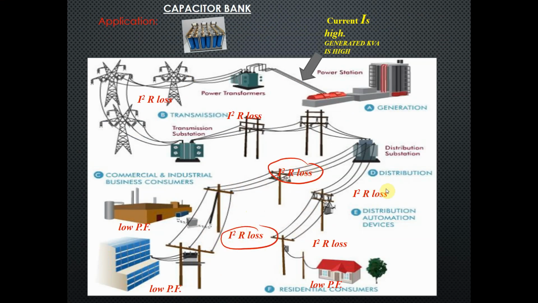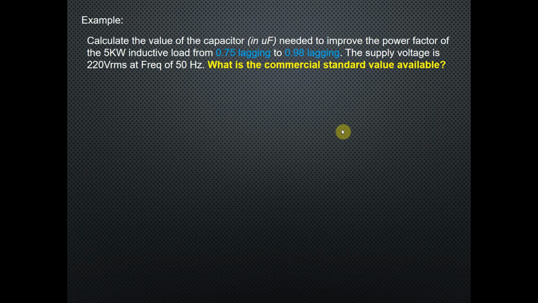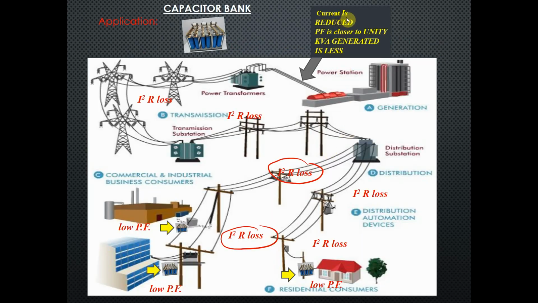the losses on the line, right? Initially, current IS is high, and the generated kVA of the power plant will also be high. But if each customer puts in a corrective capacitor, the current is reduced.